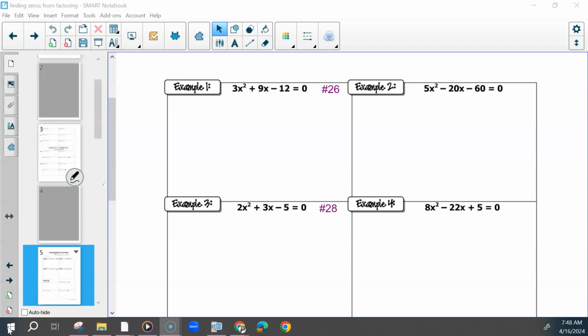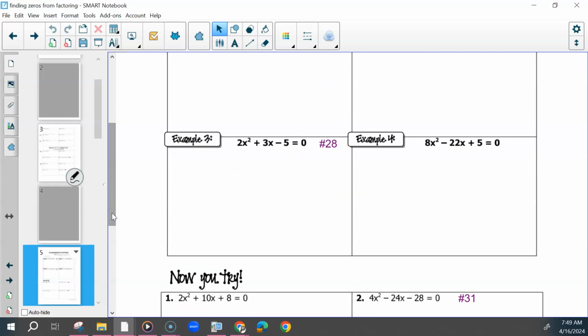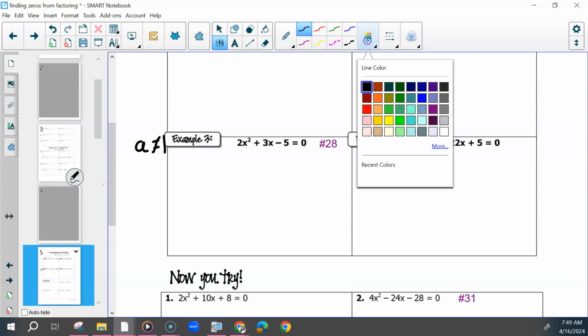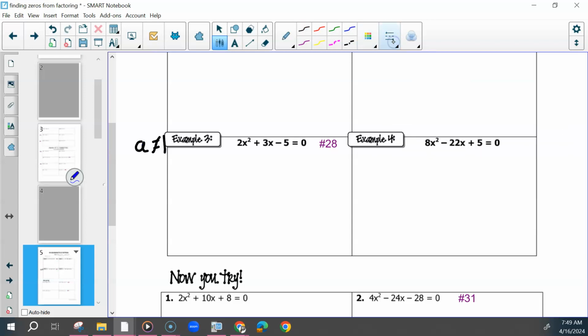Okay, we did example 1 yesterday. I will say example 2 will be similar to that, but let's try example 3. Does this one have a GCF? So then this is our true-to-life a doesn't equal 1 trinomial, where we multiply 2 and negative 5 and find the factors of 10 that would add or subtract to be 3.